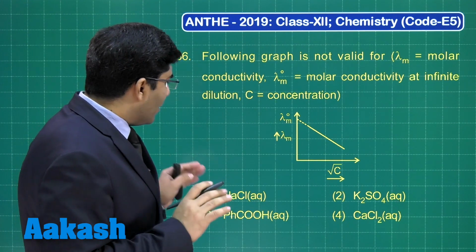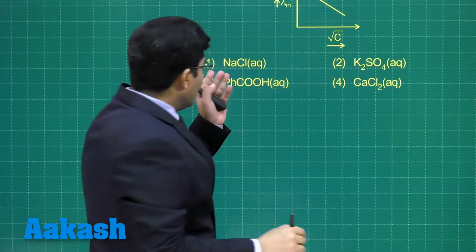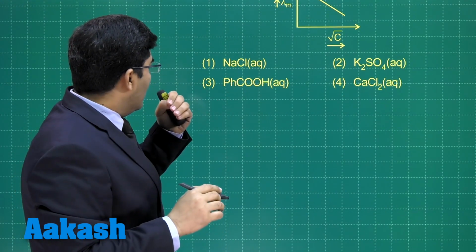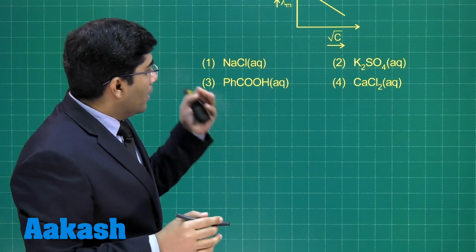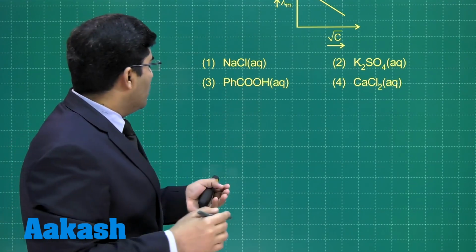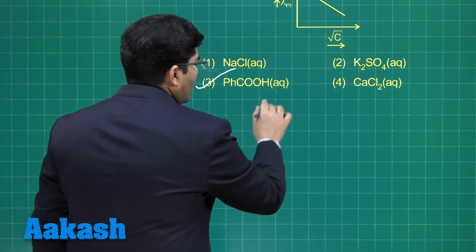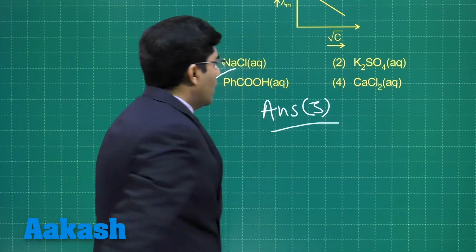So 4 options are given to us. NaCl, that is a strong electrolyte, K2SO4, that is a strong electrolyte, benzoic acid, it is a weak electrolyte, CaCl2, that is a strong electrolyte. So it is not valid for benzoic acid, and our answer is option number 3, right.